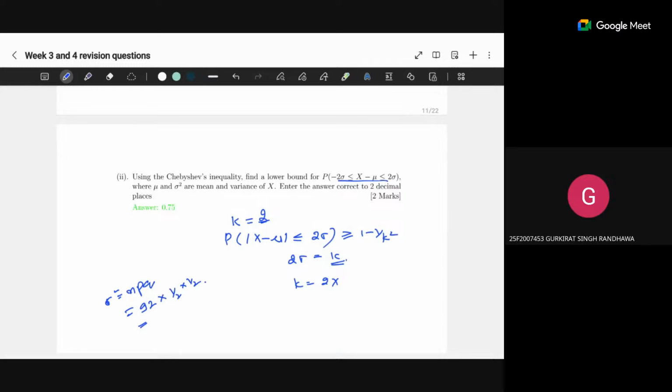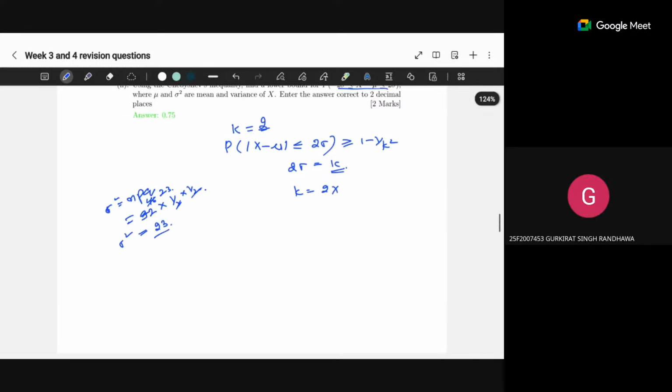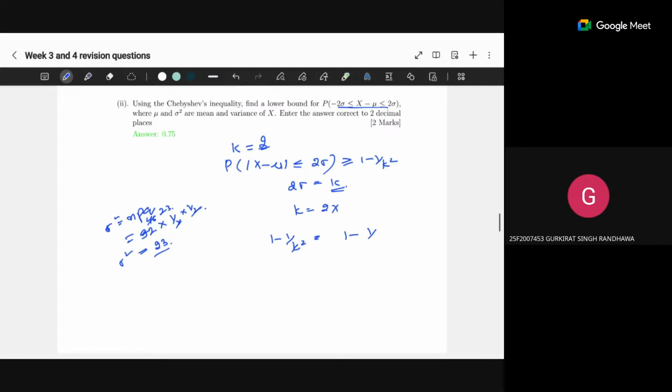If you solve this, sigma square is coming out to be 23. So now 1 minus 1 by k square will be equal to 1 minus 1 by (2 sigma) whole square, which is 1 minus 1 upon 4 into 23. If you solve this value, you should get 0.75.